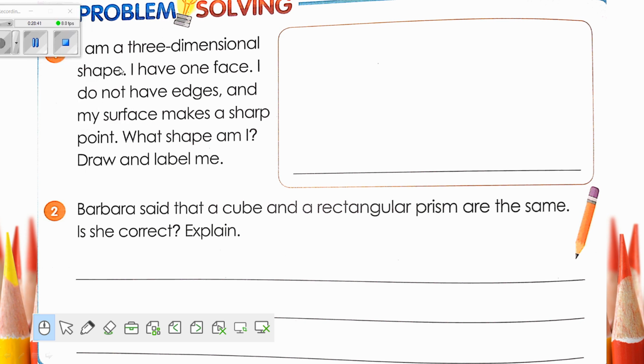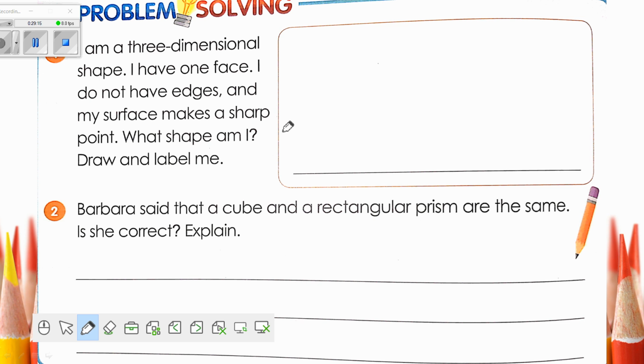I'm a three-dimensional shape. I have one face. I don't have edges. And my surface makes a sharp point. Here they call the vertex a sharp point.